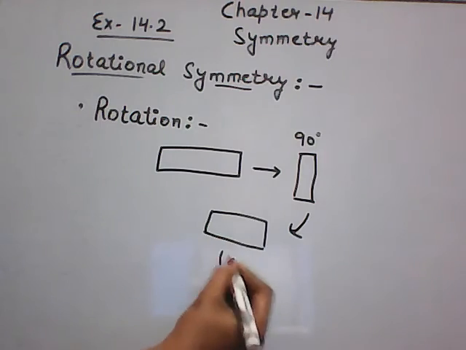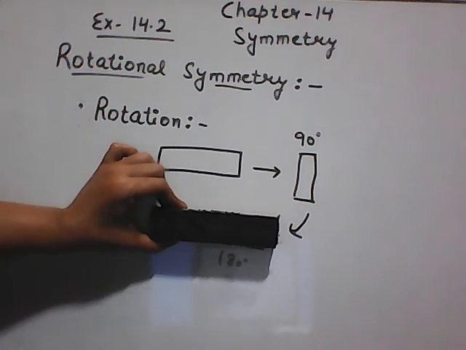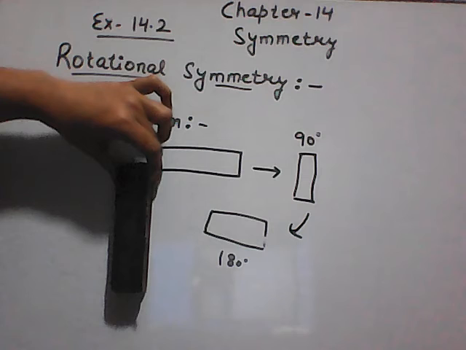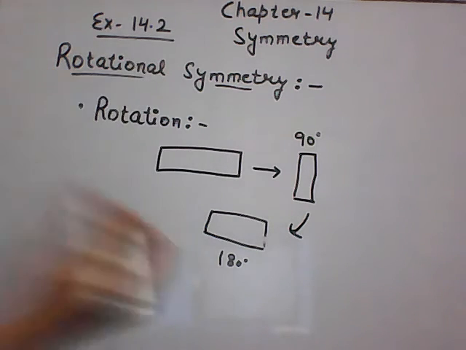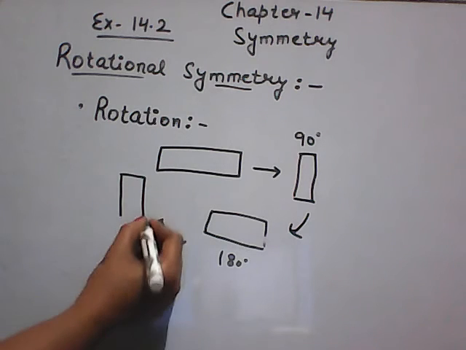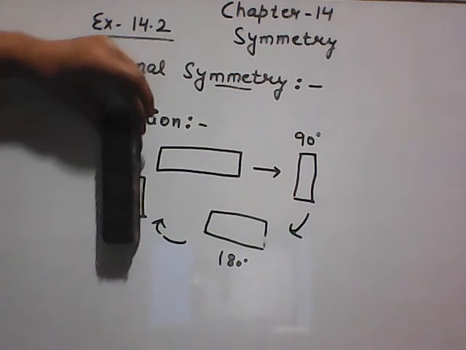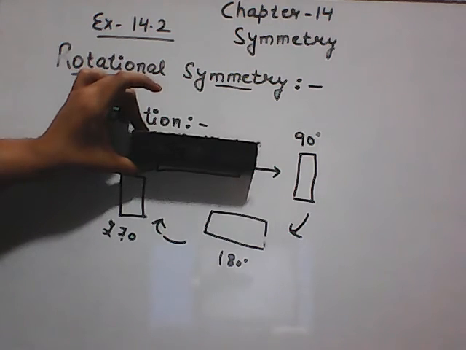Again, if we rotate this object through 270 degrees, its position will be in this way. Again, if we move this object through 360 degrees, its position is just like that, its original position.